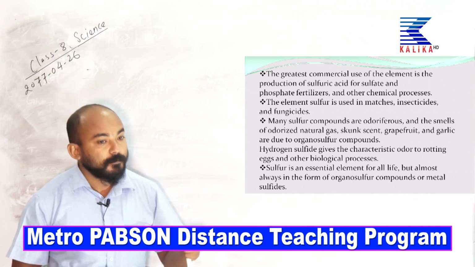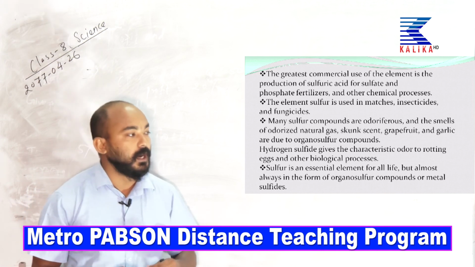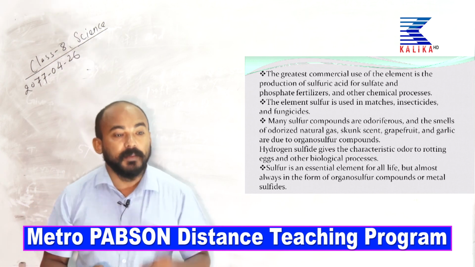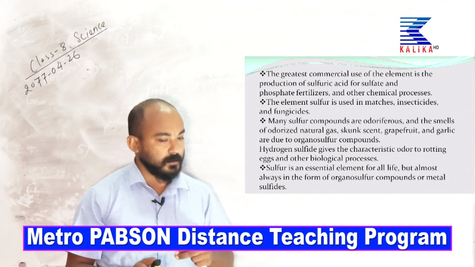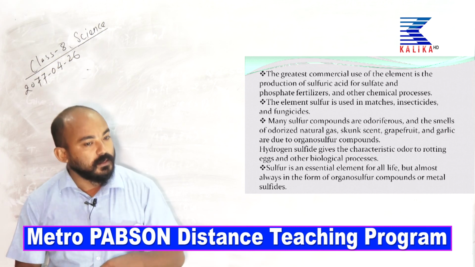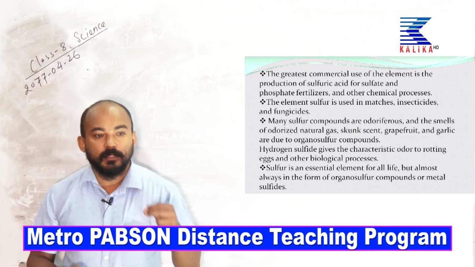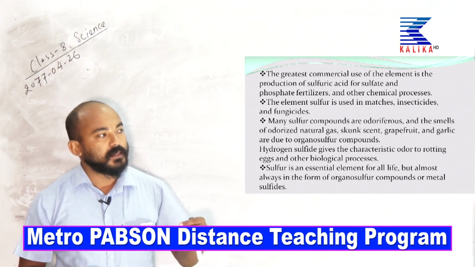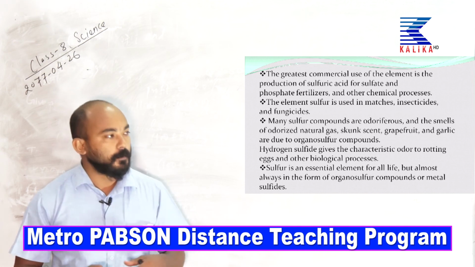Similarly, if the element is malleable and ductile then it is a metal, if non-malleable and non-ductile it is a non-metal, and if it shows characteristics in between metal and non-metal then it is a metalloid. Remember this point. These metals, non-metals and metalloids are used in our daily life for different purposes.